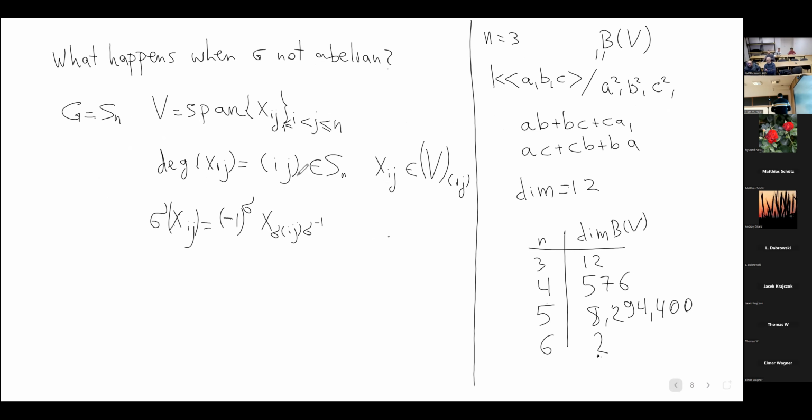I know it's maybe a silly question, but is there any dependence on the dimension of V and the dimension of B(V)? The first thing that came to my mind was that all of them are squares, and it seems that there is some connection between the next ones, because 576 is 12 times 2 squared.